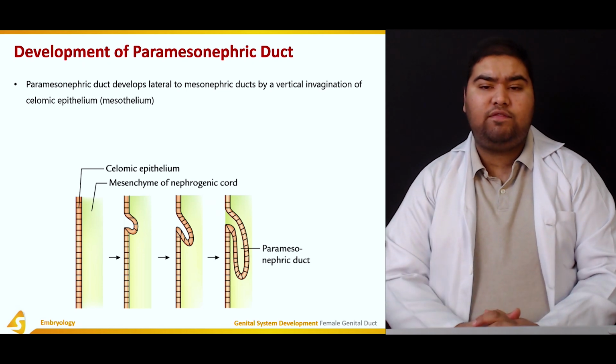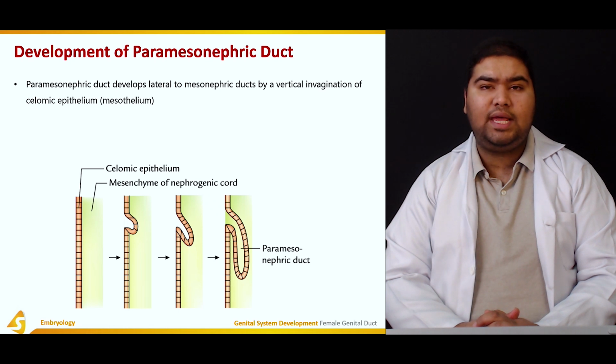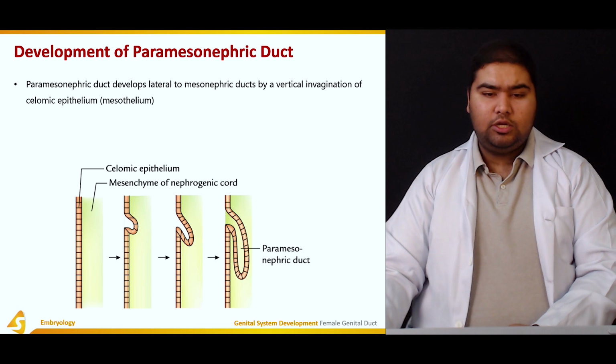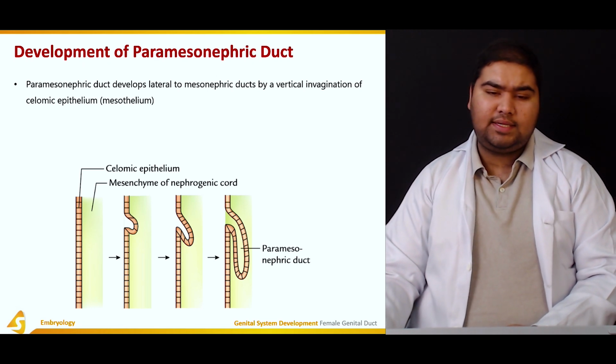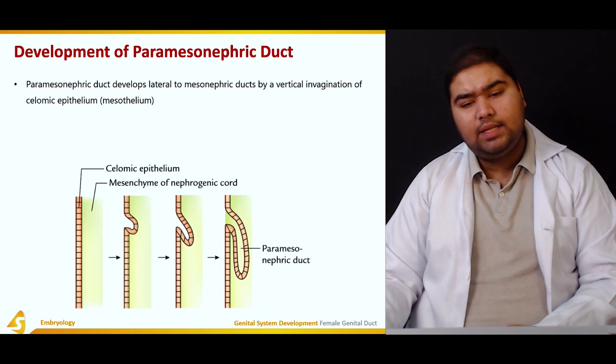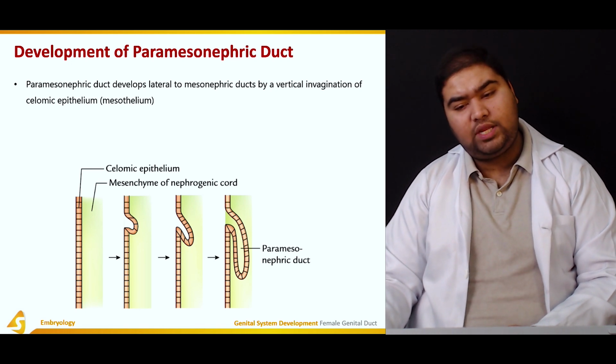So the paramesonephric ducts develop lateral to the mesonephric ducts by a vertical invagination of the coelomic epithelium. Referring to the figure, this is the coelomic epithelium. This is the mesenchyme of the nephrogenic cord.